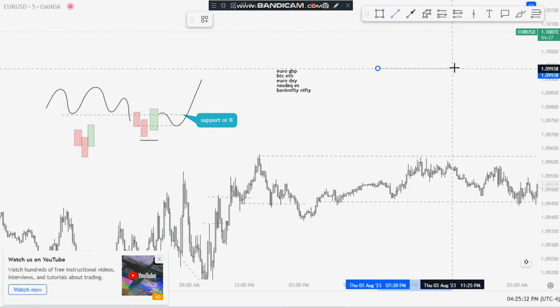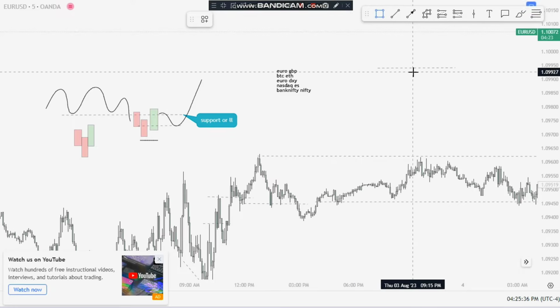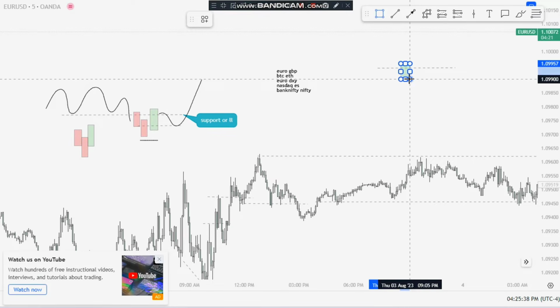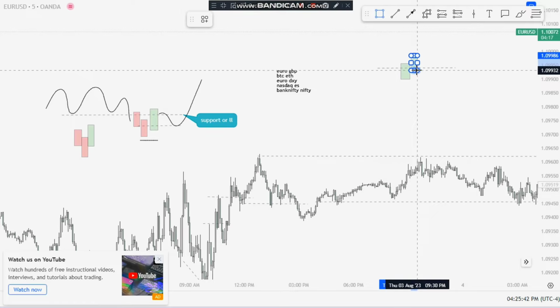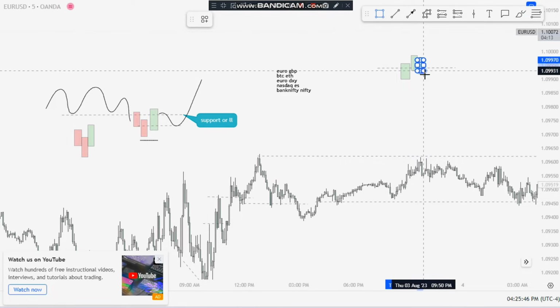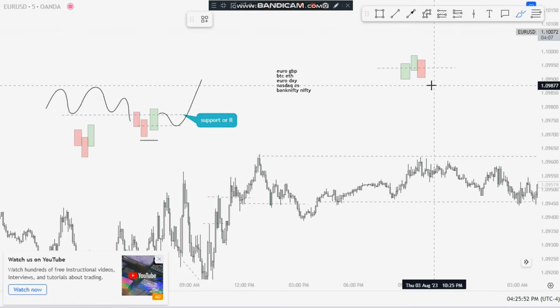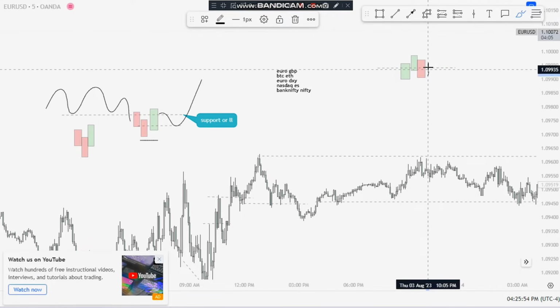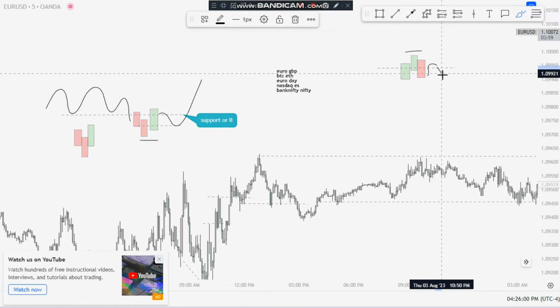Now let's suppose this is the resistance line or an important liquidity level. You will get bullish, up closing candles. The price will go above this resistance, and then suddenly the next candle will close below it, a bearish candle. Again, you will either enter here or at the 0.5 fib level of that candle, and you will put your stop loss above here and the price will go down.